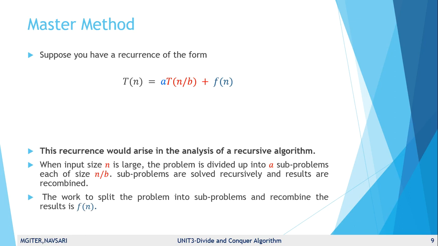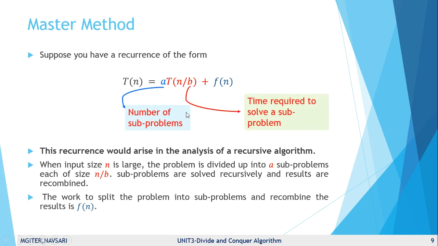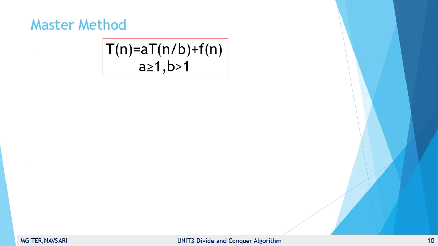The work to split the problem into a number of subproblems and recombine the results is f(n). Here a is the number of subproblems, then T(n/b) is the time required to solve a subproblem, and f(n) is the time to divide and recombine the results.